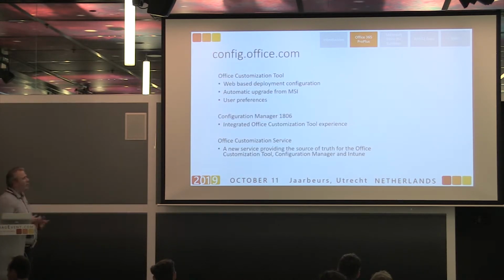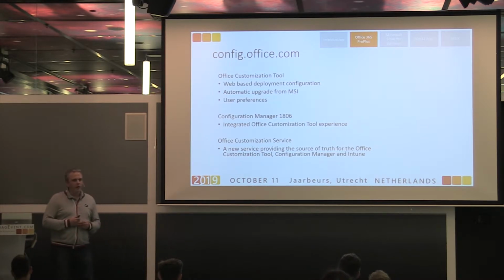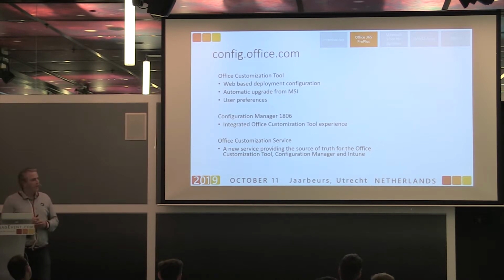So how can we configure the deployment experience for Office 365 Pro Plus or Office 2019? There's a service called config.office.com, and that's basically the old-fashioned Office customization tool, which was available in the deployment toolkit back in the day, and I think it's still available.